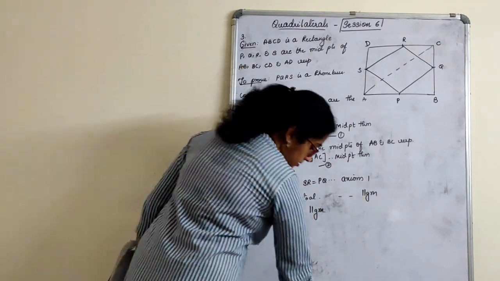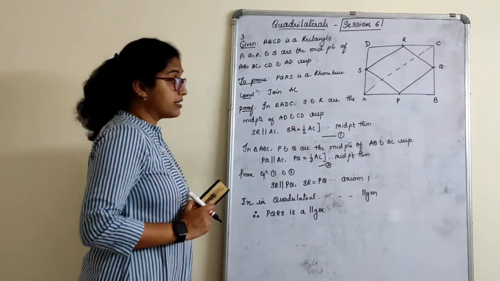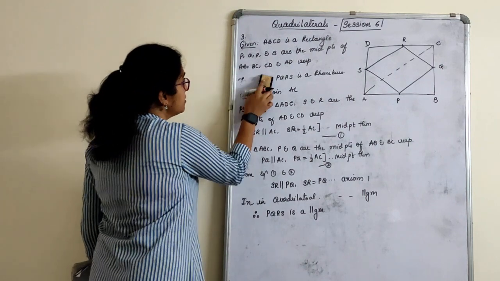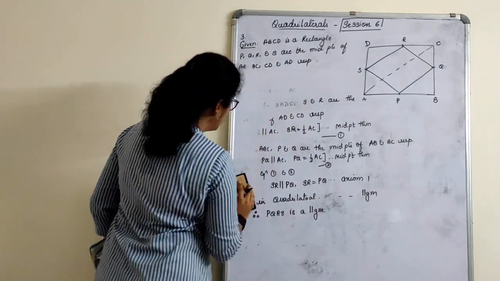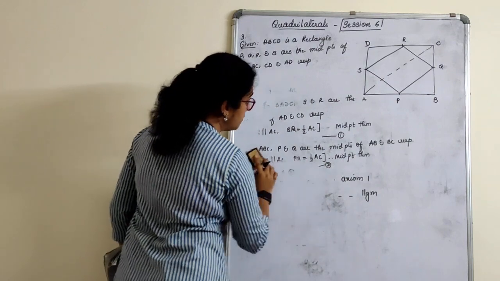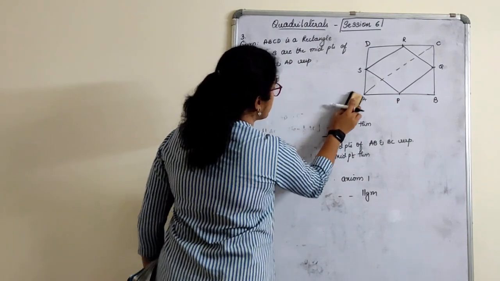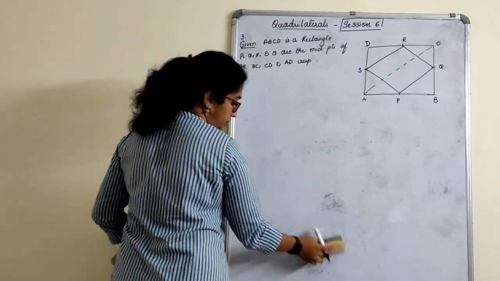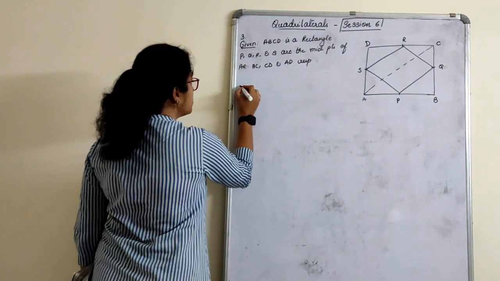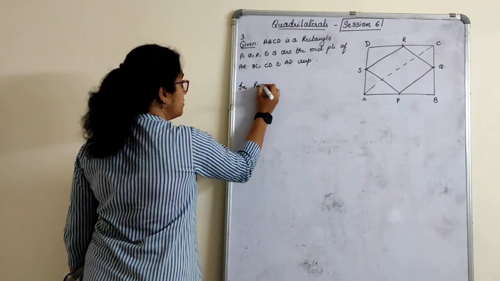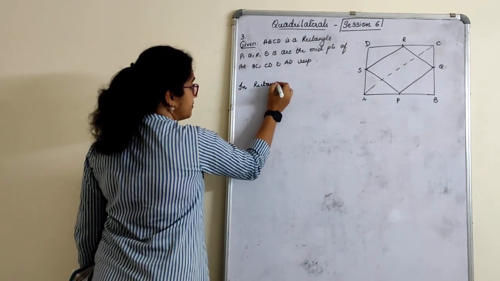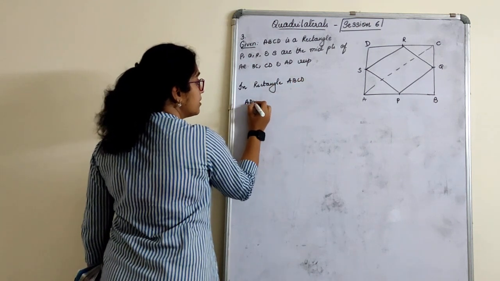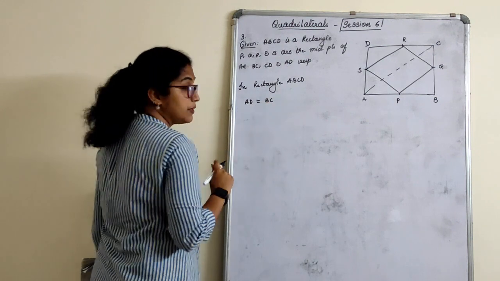Our actual theorem proof starts now. I will erase this till here and start the further steps. So, further, let us use the rectangle property that we have. We know that in a rectangle opposite sides are equal. So, in the main figure, rectangle ABCD, AD is equal to BC.